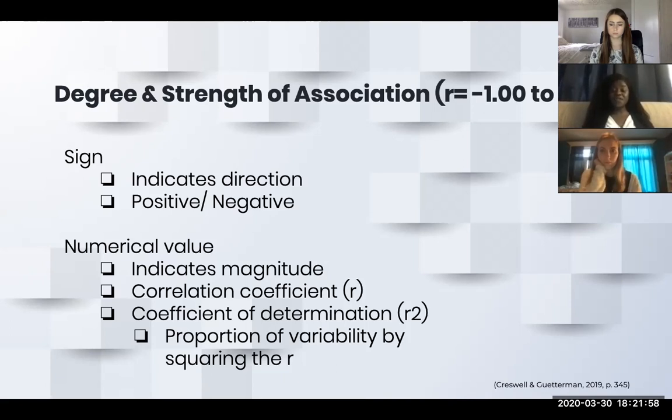So let's say, for instance, we had 2 variables, parent education and student success, which the textbook uses as an example. Let's say we determine that the Pearson-R for that correlation is somewhere around 0.7.